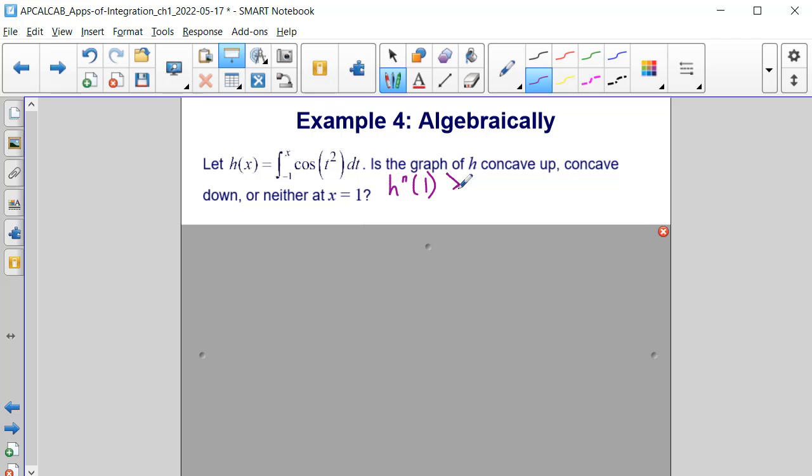And if this value is greater than 0, then our function h is concave up. And if h double prime evaluated at 1 is less than 0 or negative, then h is concave down.